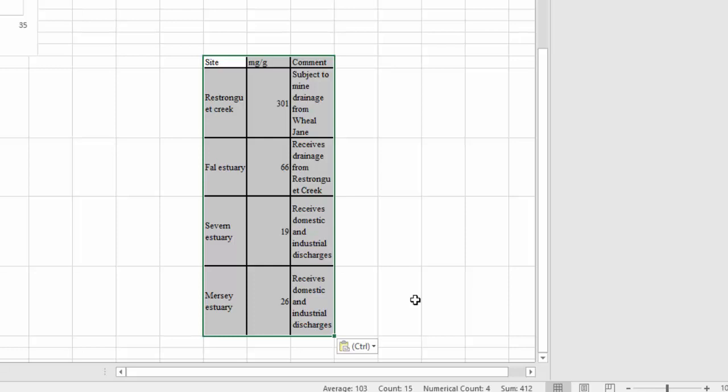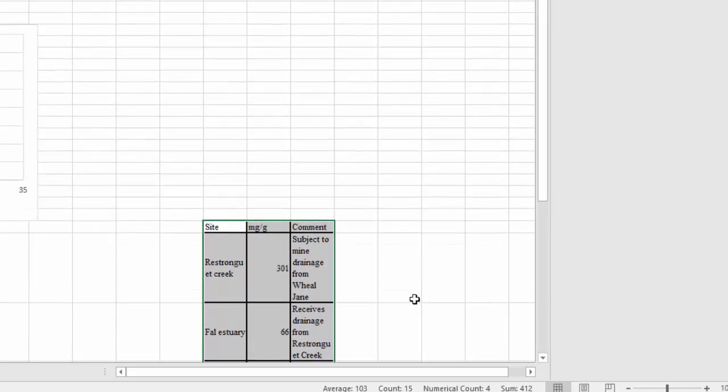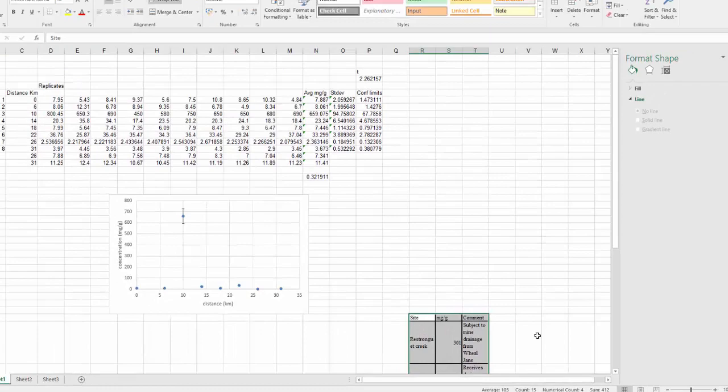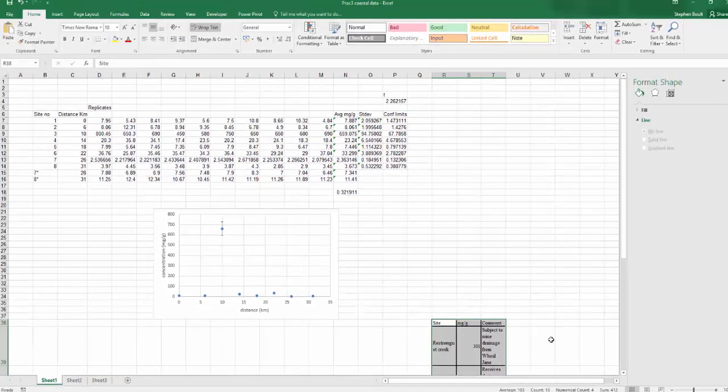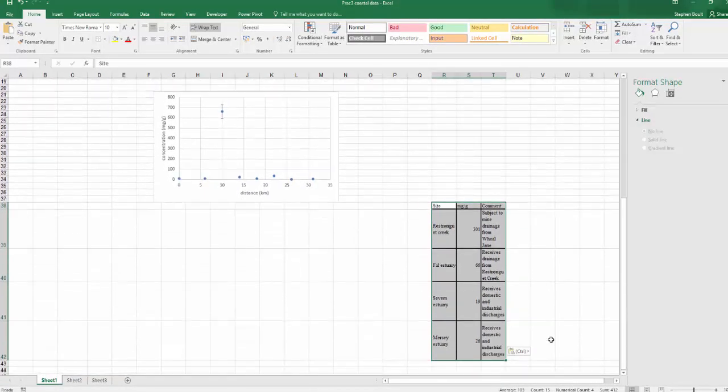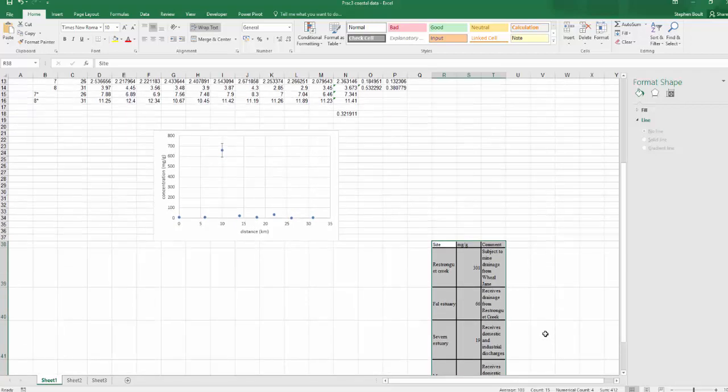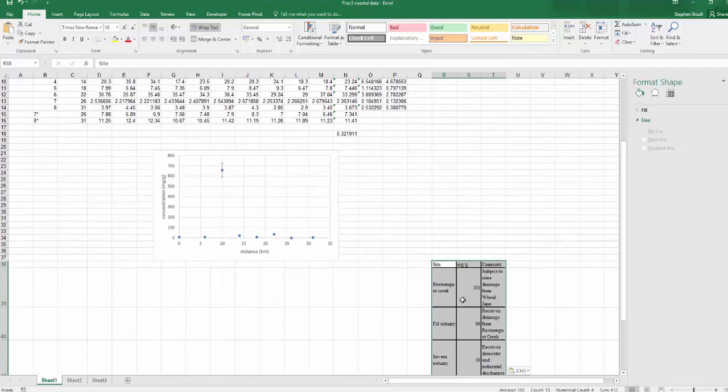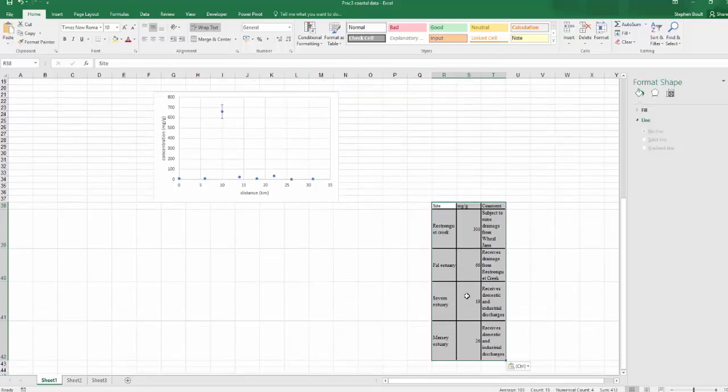And the Mersey discharges into the Irish Sea, and the Irish Sea is mentioned in the justification for doing this work. So the metal concentration in the Mersey estuary is a valuable comparator to the data that you've collected. So we should transfer the metal concentration of Restronguet Creek as the highest and the metal concentration of the Mersey estuary onto your figure.